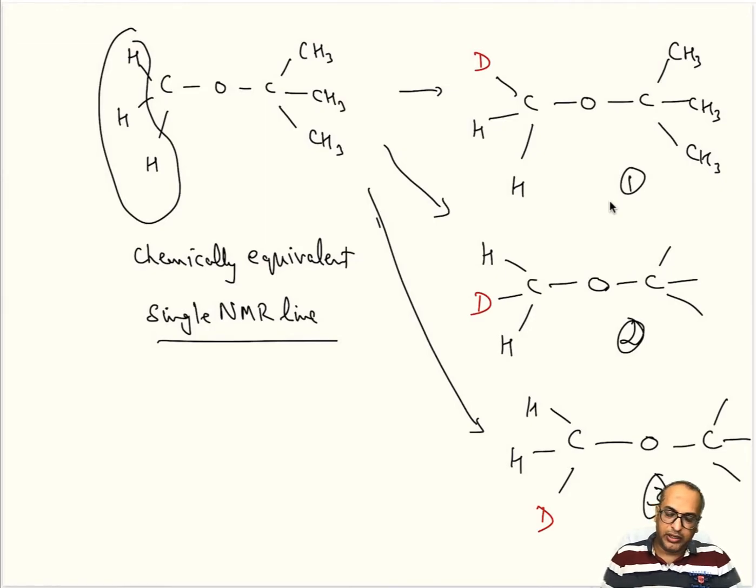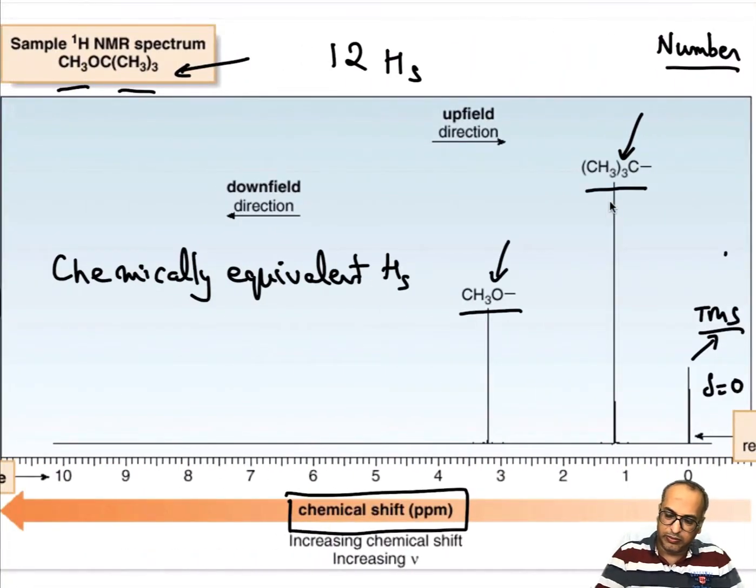Further, let's call this particular signal signal number 1 and this one signal number 2. These two have unique chemical shifts.